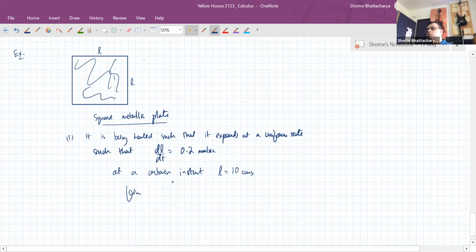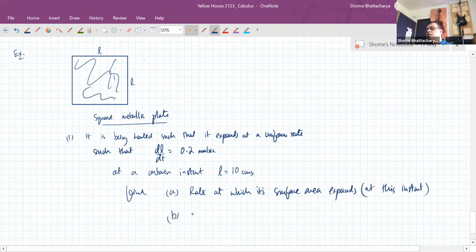So find the rate at which its surface area expands at this instant. And again, we'll also find the rate at which the surface area expands at an instant 10 seconds later.